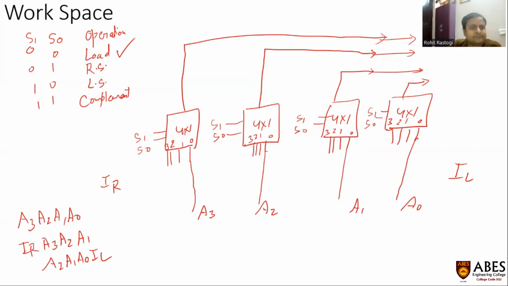Now at 0, 1, we want to do right shift. So we want to get IR, A3, A2, and A1.